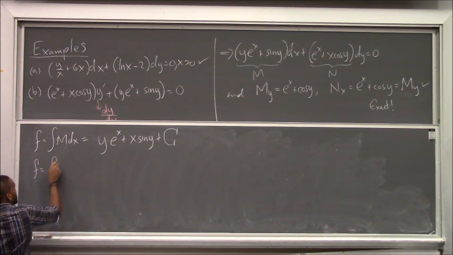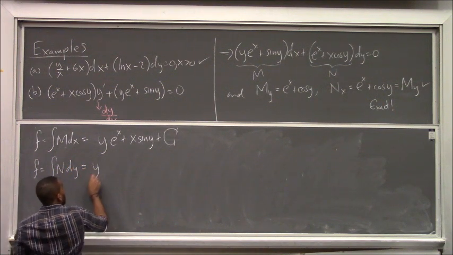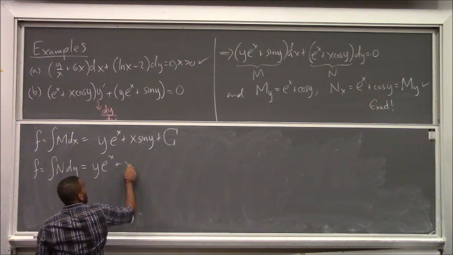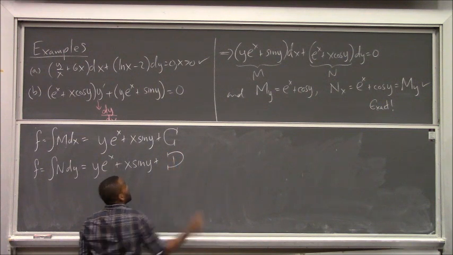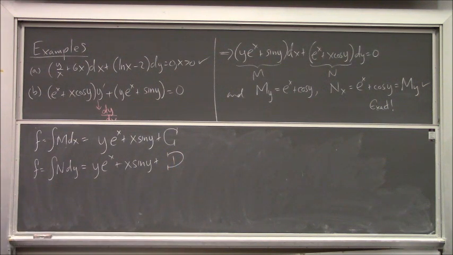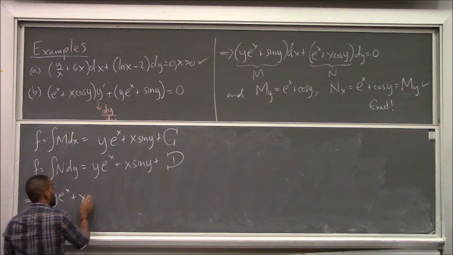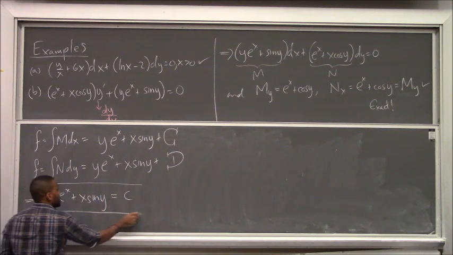And f is also equal to the integral of N with respect to y, which gives us y e to the x plus x sine y plus some d, and that's it. We don't care about that. There are only two functions that show up. This means our solution is y e to the x plus x sine y equals a constant. That's going to be the solution.